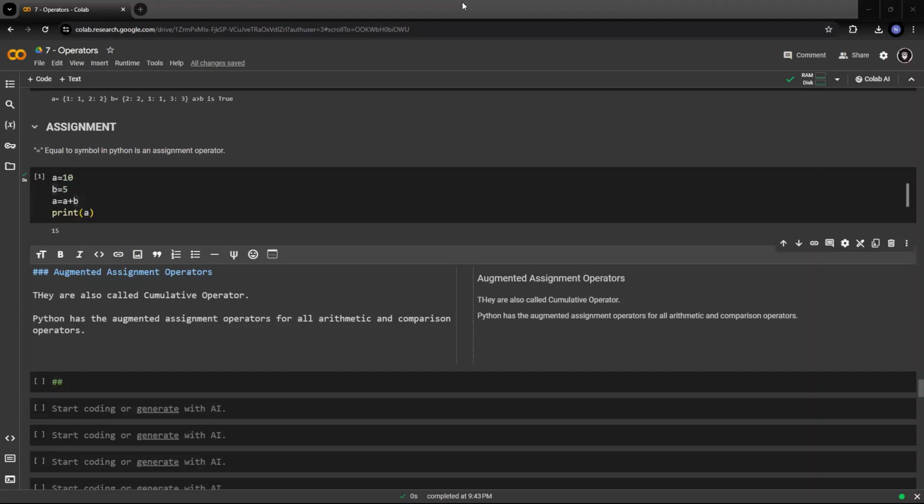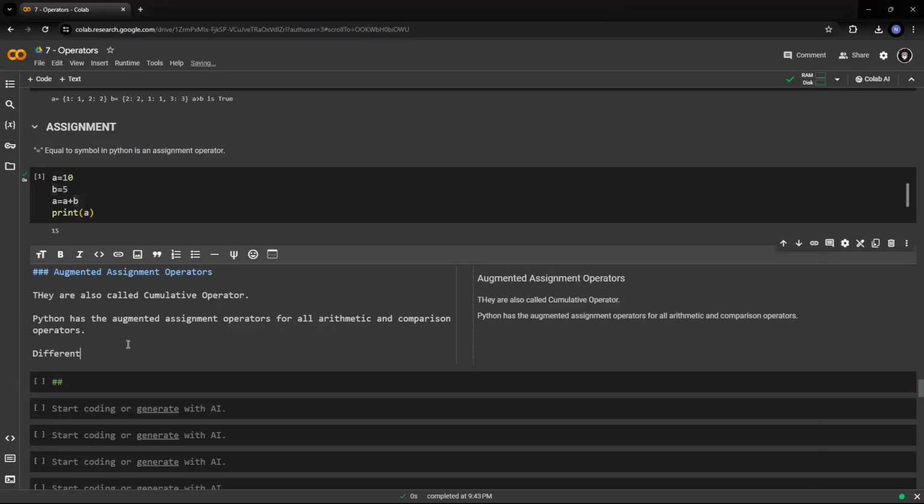Let's see some of the augmented operators. There are different types of augmented assignment.